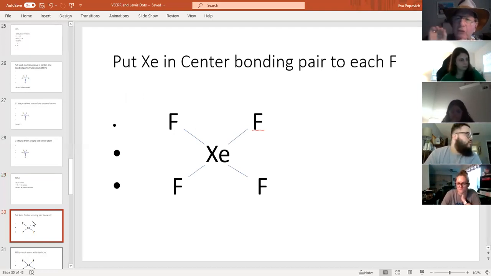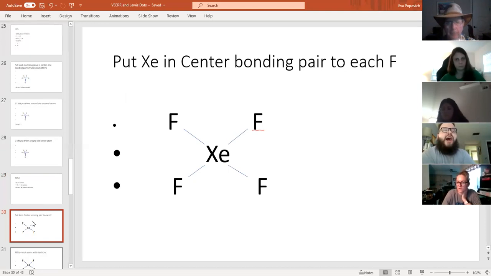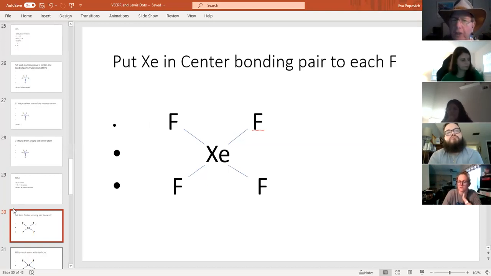Yes. So I had 36 valence electrons. How many do I have left? 28. I had 36. I used up 2, 4, 6, 8 of them making the 4 bonds. So 36 minus 8 is 28.